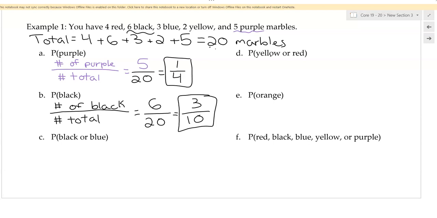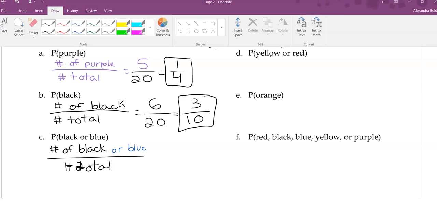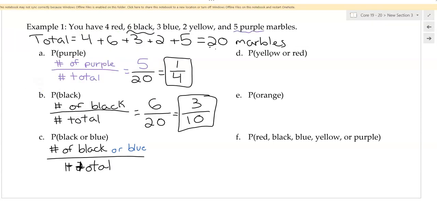Part C, black or blue. We'll do the number of black or blue over the number total. I'm going to start writing 20 there. With this, I'm looking for black or blue.